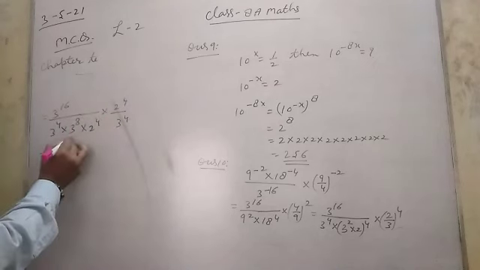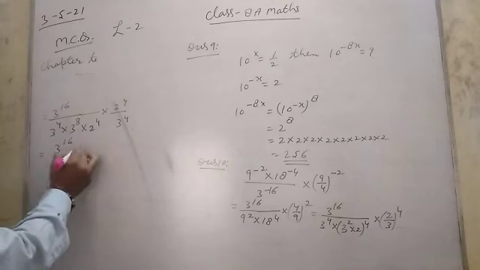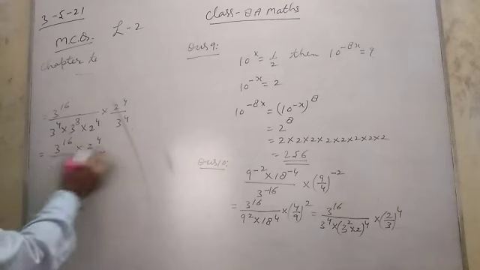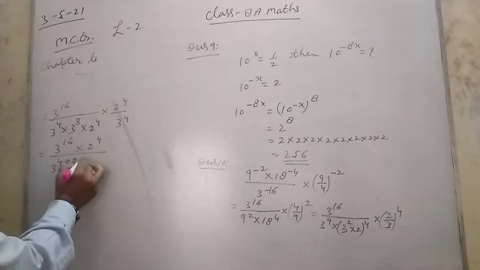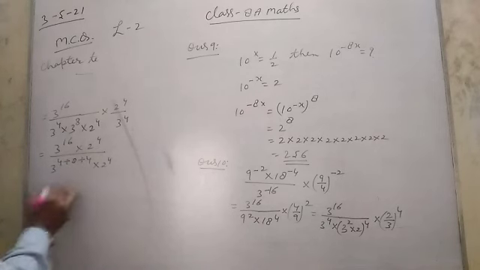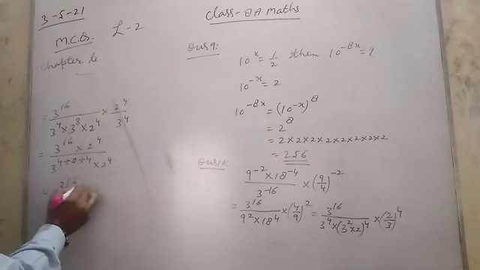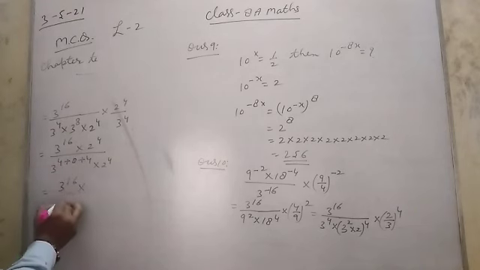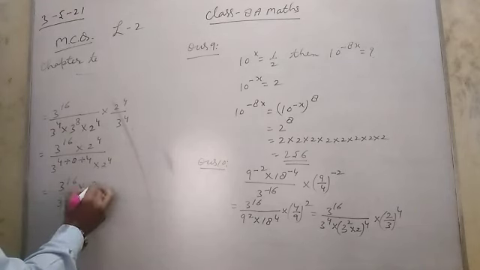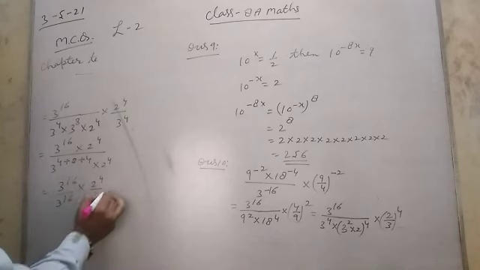Simplify. So 3 power 16 upon 3 power 4 plus 8 plus 4, into 2 power 4 upon 2 power 4. So 3 power 16 upon 3 power 8 plus 4 is 12 plus 4 is 16.